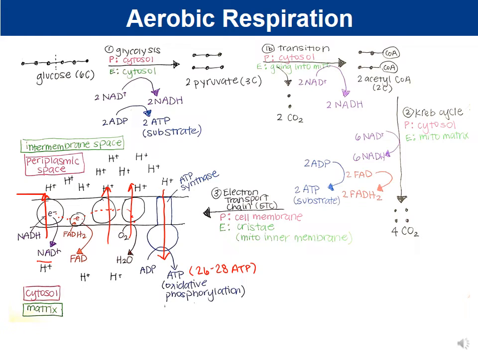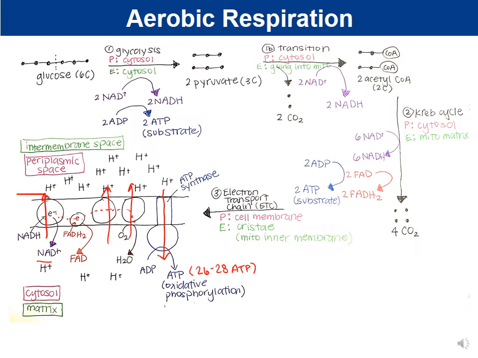And so again, this is where you can see that those early steps are important for those electron carriers, because you need the electron carriers to drop off the electrons. You need the electrons to move down the electron transport chain, because it's the movement of the electrons that pumps hydrogens against the gradient.